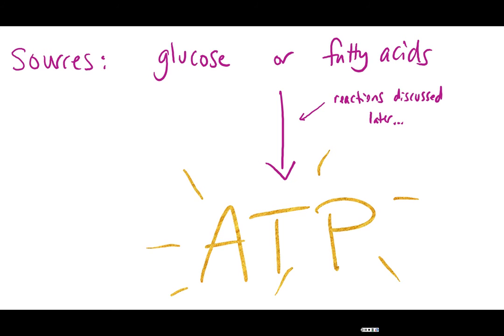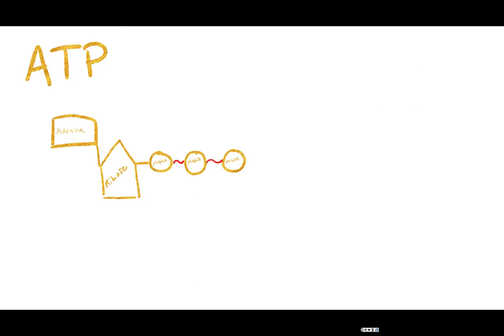The cell can also break down fatty acids in order to make ATP. These are detailed, complex processes, and we will be studying these in the future of the class. So we'll be talking about the process specifically of how the cell is going to break down a glucose molecule in order to produce ATP. And really, you need to just start thinking of ATP and energy as being kind of the same thing.